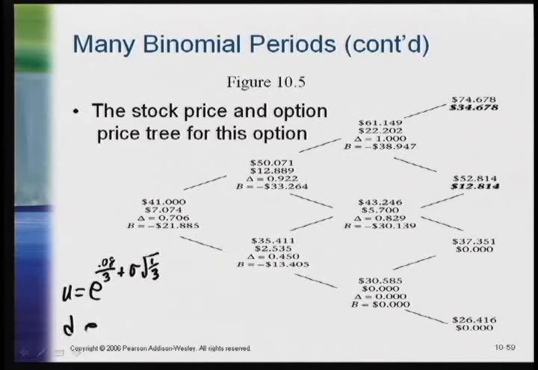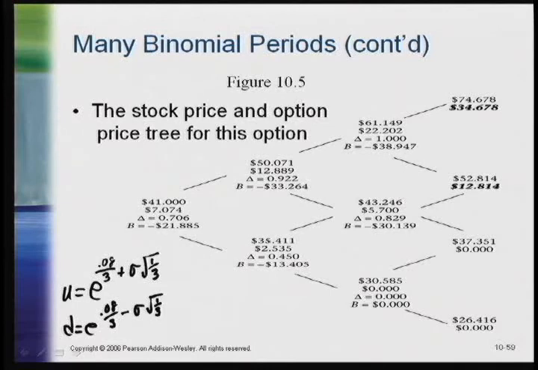Similarly, d is equal to e to the 0.08 over 3 minus sigma square root of 1/3. So consequently, you can see that the up and down stock prices 1/3 of a year are much more narrowly distributed than they were in the prior.